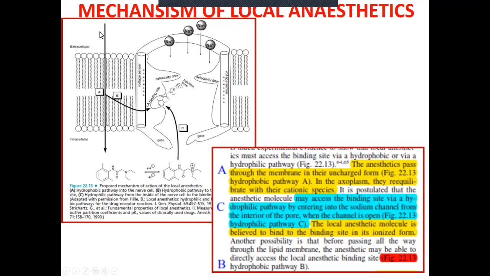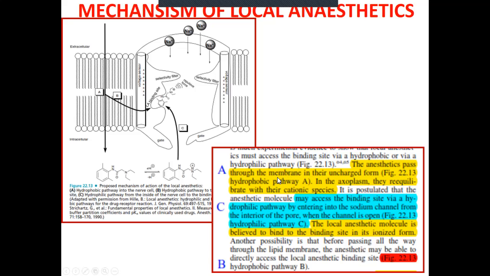That we shall see. So this is the drug entering from the extracellular to the nerve cell, and this is converted to cation, and it is binding inside the cell and also the gate. Okay, so that is explained here.